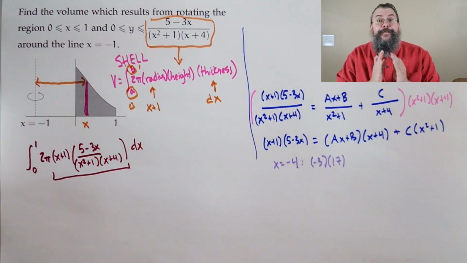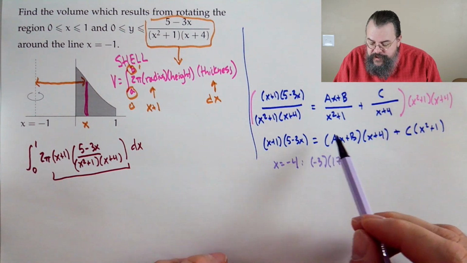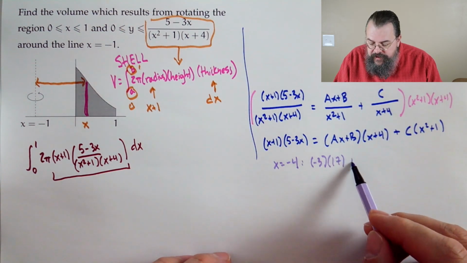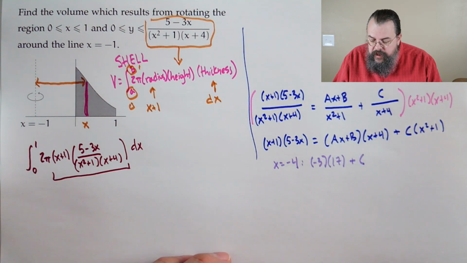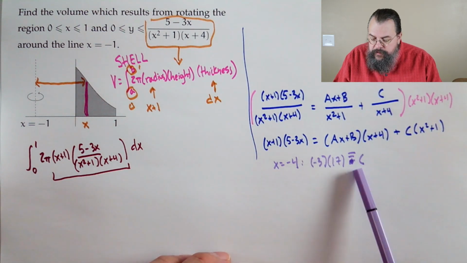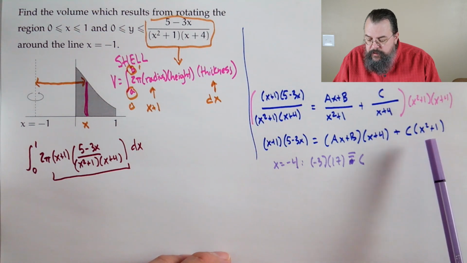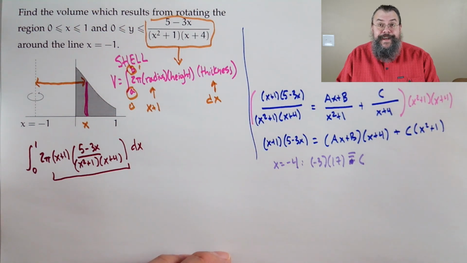Let's have faith that they gave us a nice problem. The first term goes away, so then we're going to have equals, because we forgot to write the equals, 0 plus c times minus 4 squared, which is 16, plus 1 is 17.